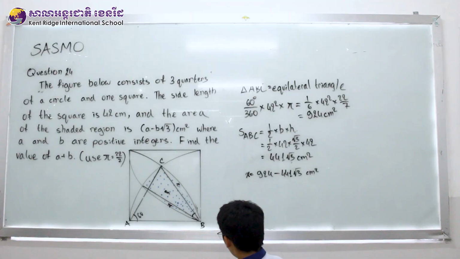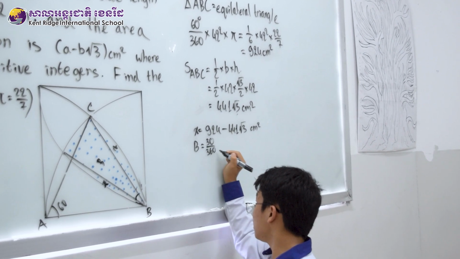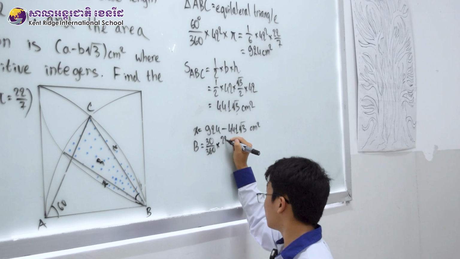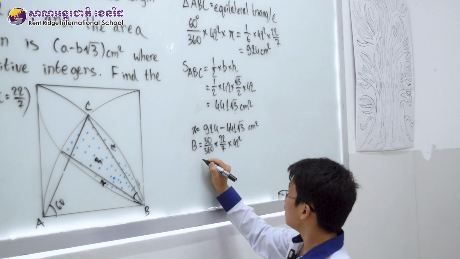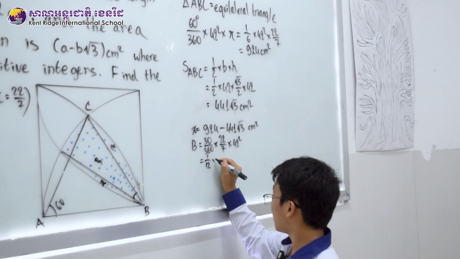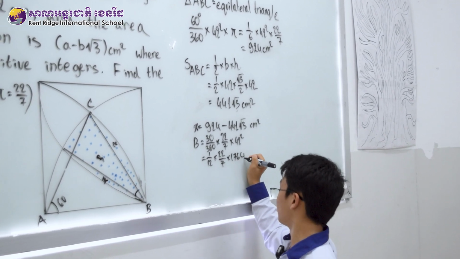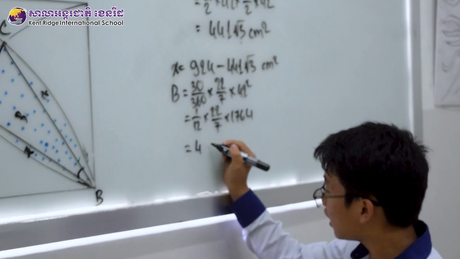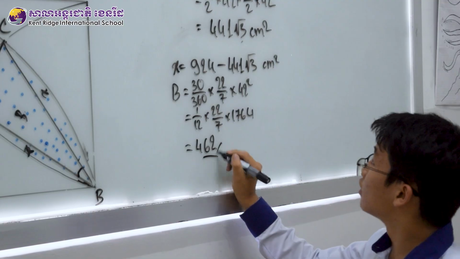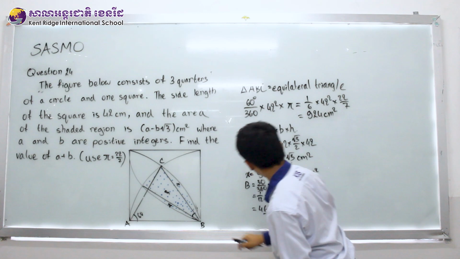So we'll write the area of B equals 30 degrees over 360 degrees times 22 over 7, which is pi, times 42 squared, equals 1 over 12 times 22 over 7 times 1764. When we do the calculations, we'll get it as equal to 462.